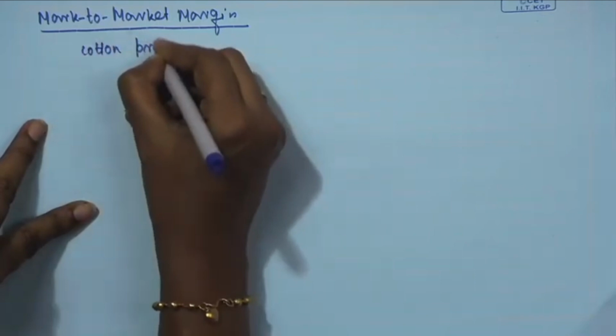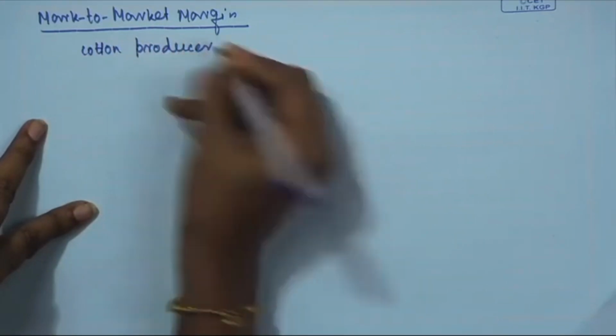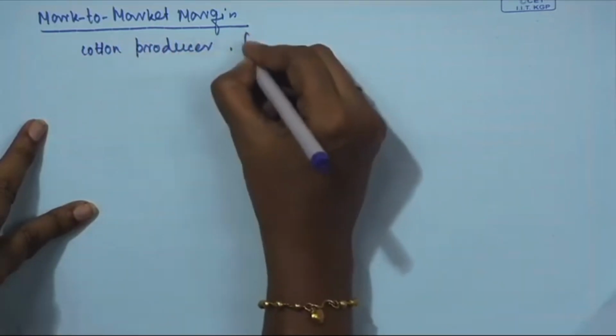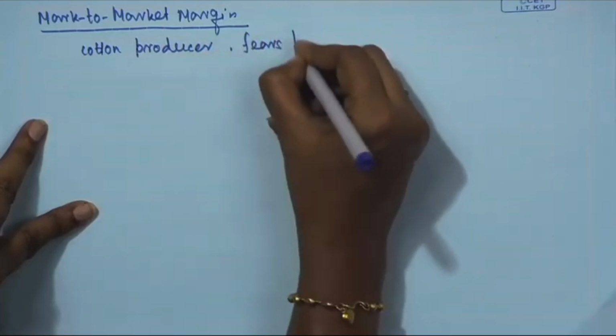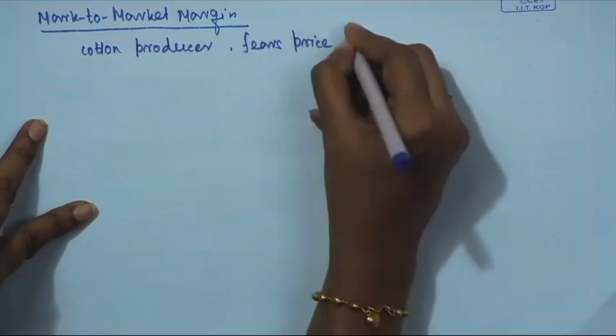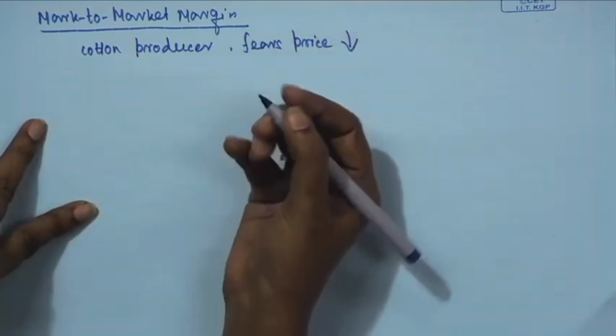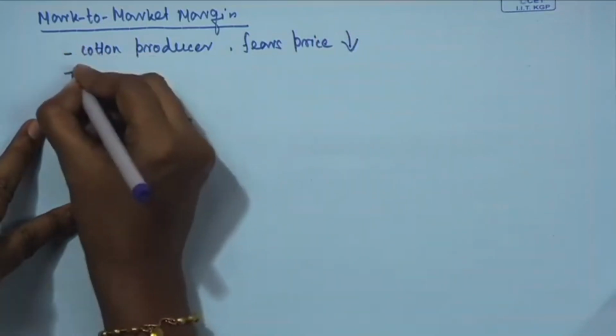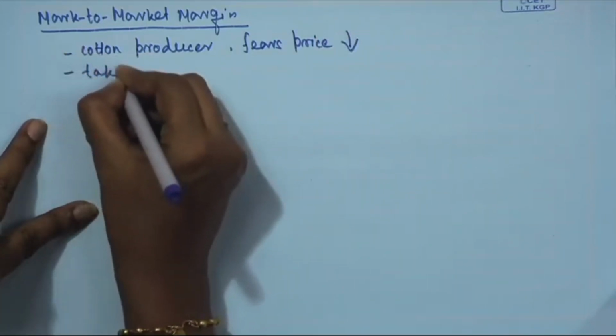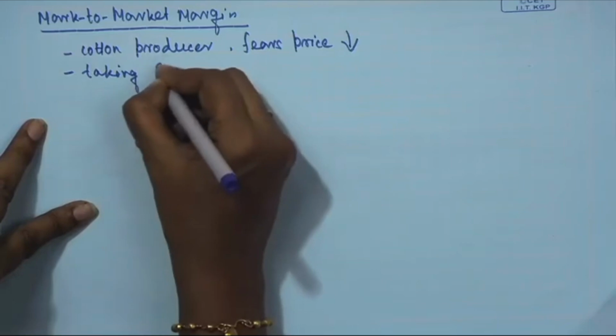producer. What is the fear of the cotton producer? The cotton producer fears the price will go down in future. How will he mitigate this risk? By taking a short futures contract.